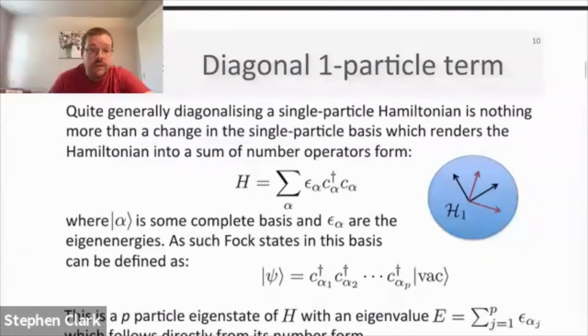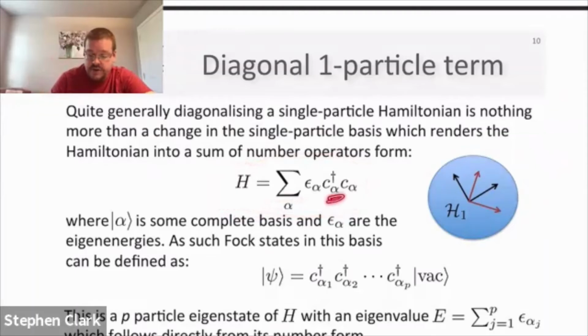Nonetheless, what you end up with is a diagonal one-particle term. And as I said, diagonal one-particle terms are just sums of number operators for each single particle eigenstate. It means you can write down the many-body eigenstates for this Hamiltonian really easily. They are just the Fock states in the basis defined by the eigenstates.